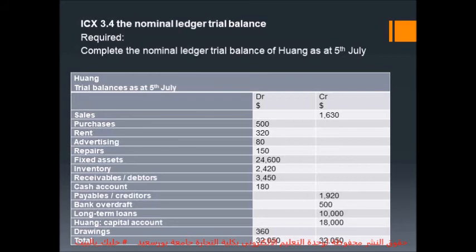And then drawings. As we said before, drawings reduce the owner's equity, so it will have a normal debit balance. Then the total of the debit side and the credit side must be equal.